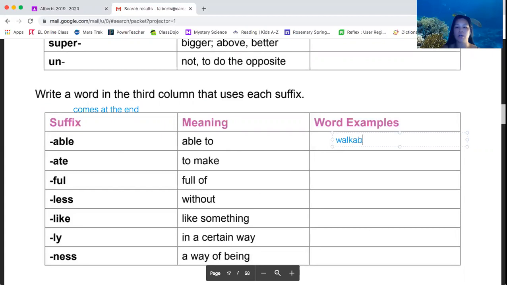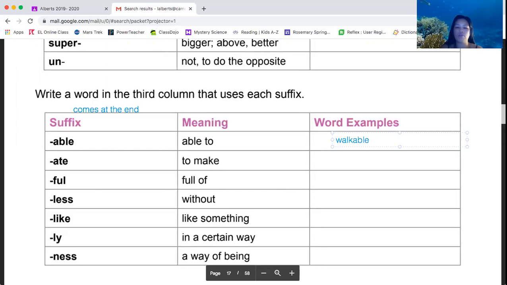I can say walkable, like, for example, the driveway is walkable or that dirt path is walkable. The next suffix is ate, which means to make. The next one is full, like full of. Less, without. Ly, in a certain way. And ness, a way of being.